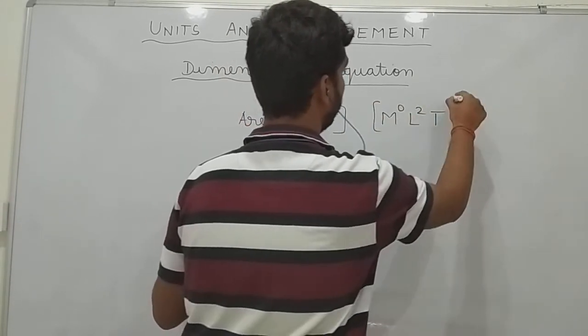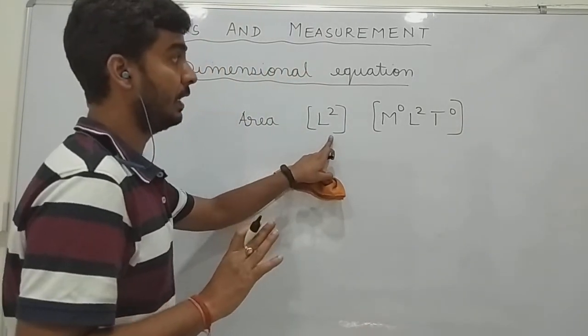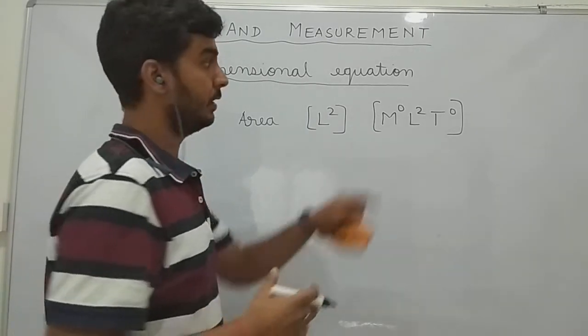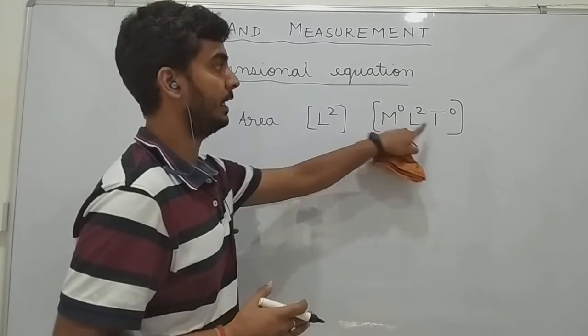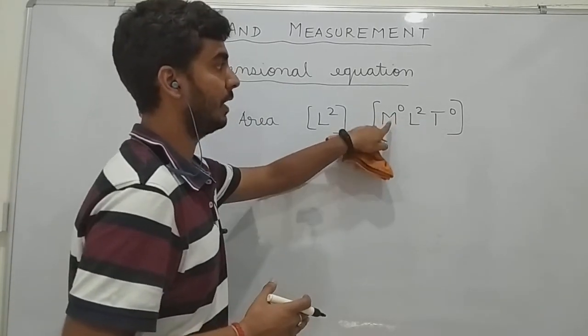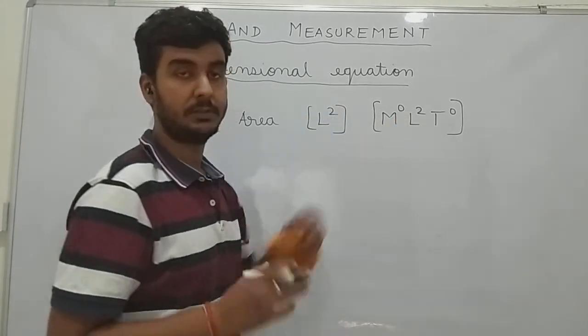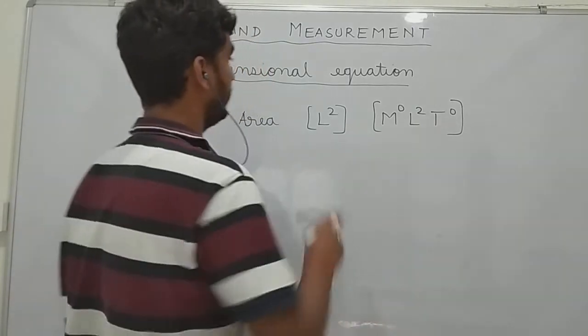This is also the dimension for area only, but to give all the dimensions a standard appearance, all the dimensions are represented in terms of mass, length and time. If it does not have mass and time as dimensions, their powers are 0. So the dimension of area is m0 L square t0.